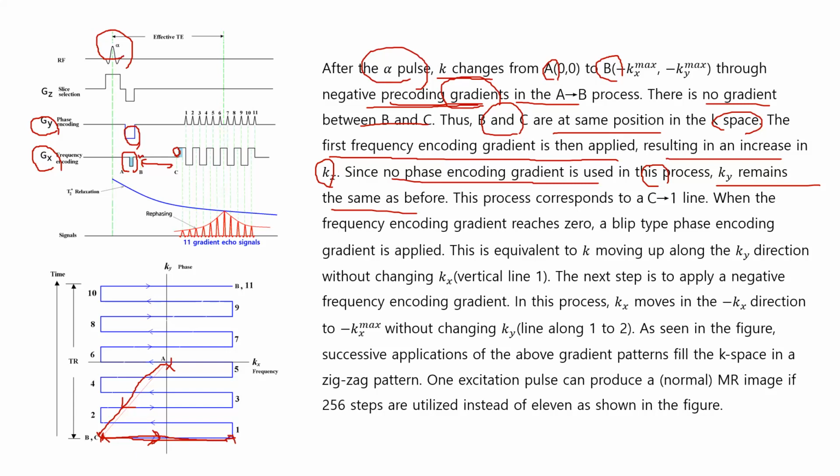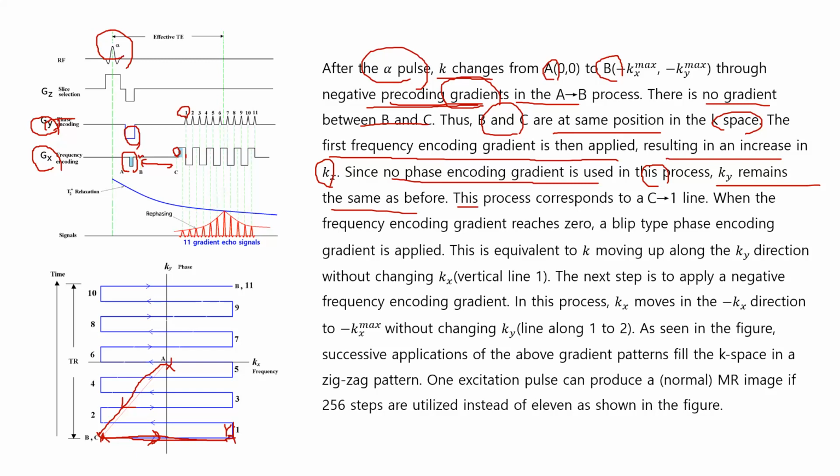And at this point, 1 here, the frequency encoding gradient is 0, and the phase encoding gradient is applied, so y direction, so moving up due to this phase encoding gradient.